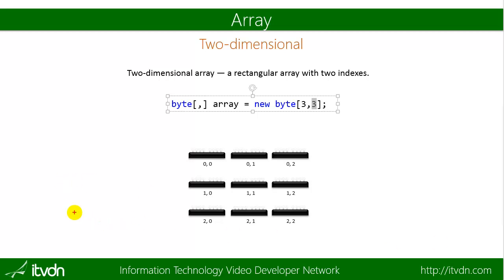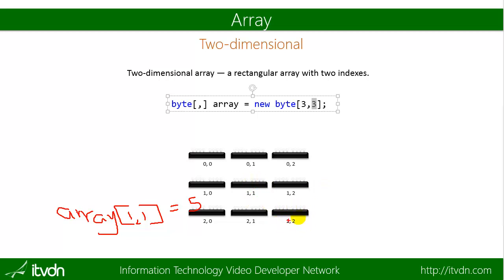You write array 1 1, which is the index of our array, and then you assign a value, let's say 5. Now this element has a value of 5.